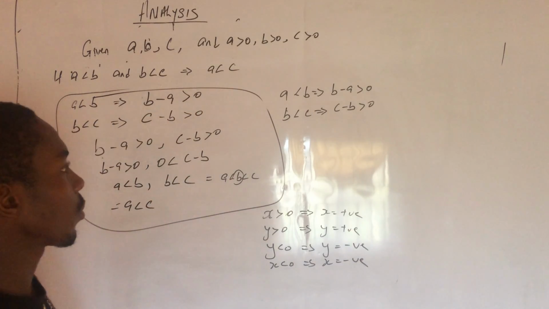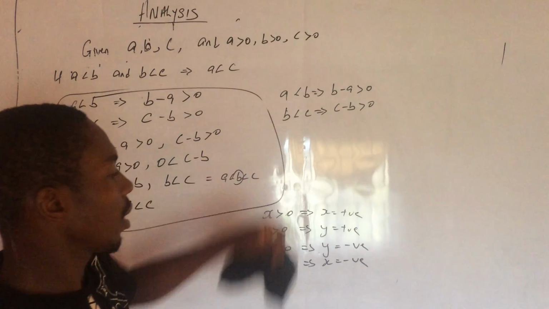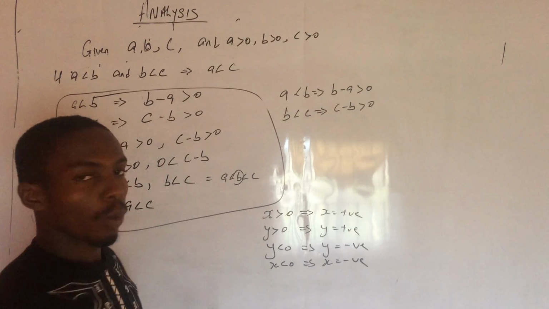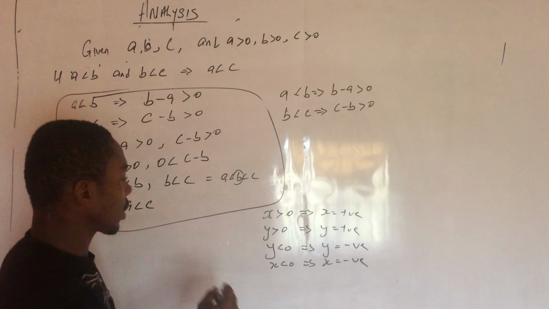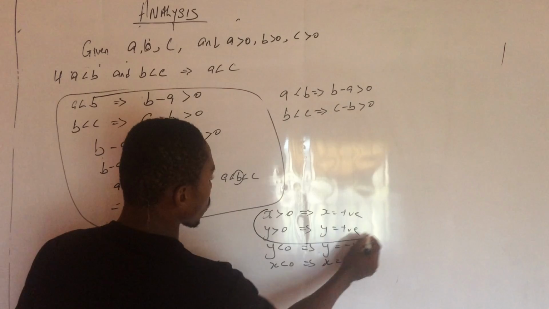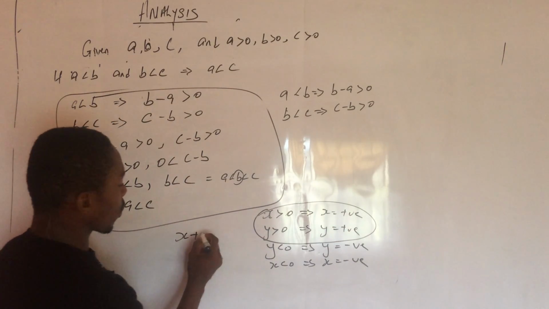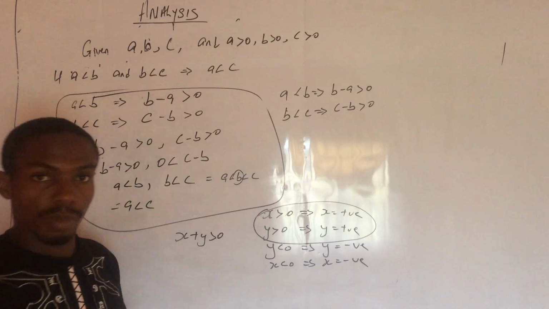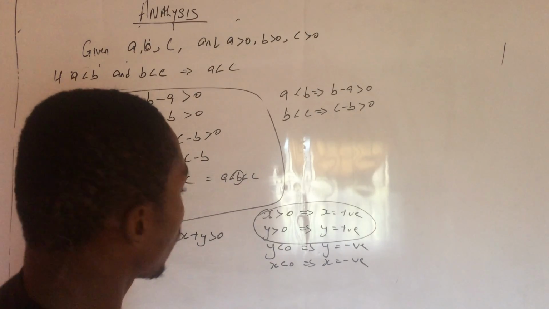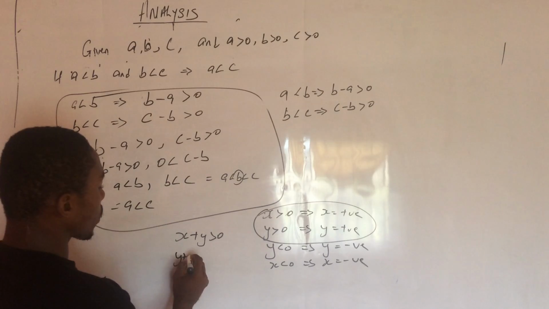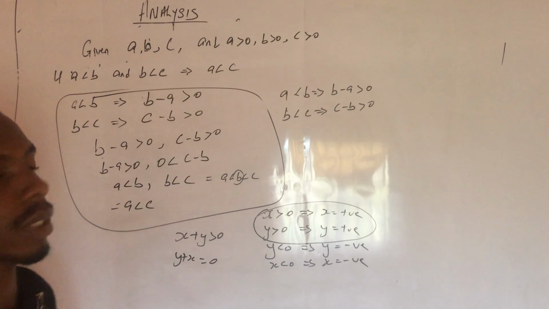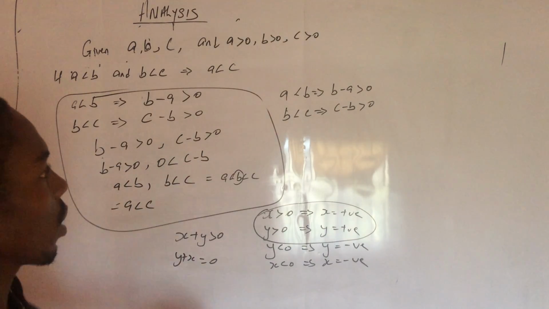Also, whenever you have any two positive numbers, like x is positive and y is positive, x plus y is still going to be positive. And even if we do y plus x, it's still going to be what? Positive.